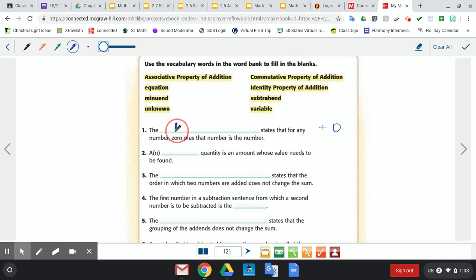So what I would do is write identity property of addition. You can shorten this to prop and then write everything else, okay? I can only fit identity on here because I have to write big using this mouse. So identity, showing a number, what it's worth.